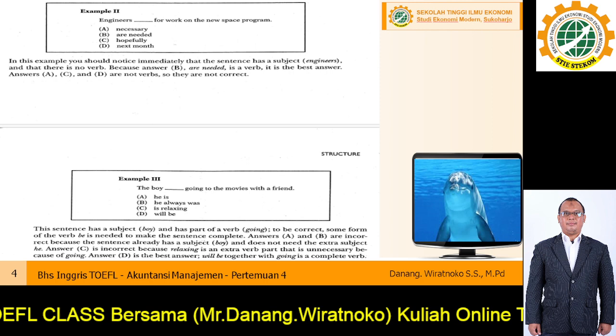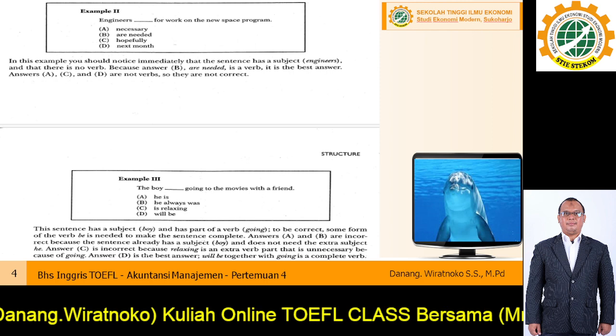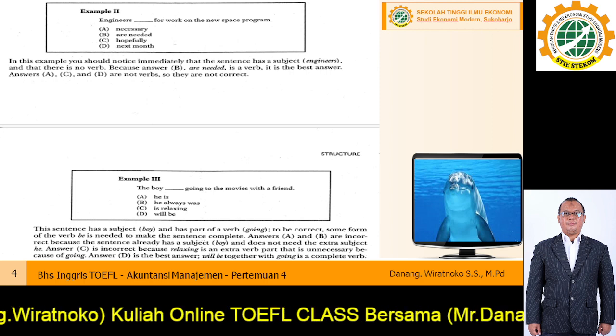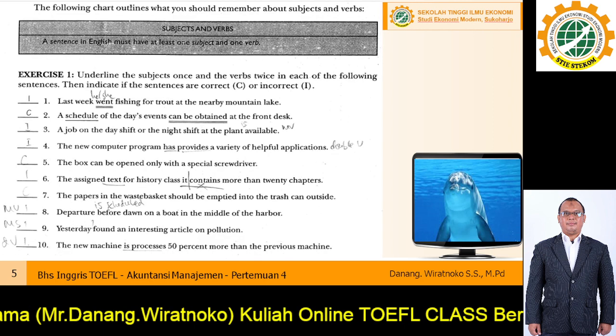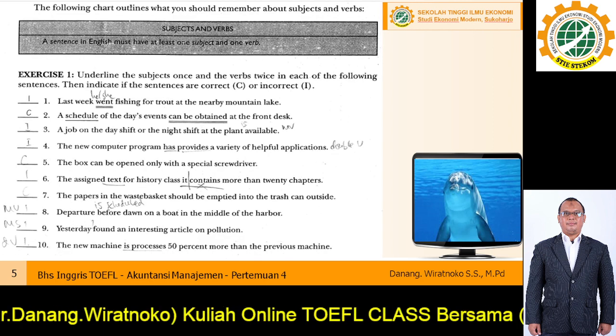Yeah, we'll be going together with, so going is the complete verb. Yeah. So the boy will be going to the movie. Okay, if you got that one, it's good. Very easy, yeah? Okay, now we have a look at this one. The following chart outlines what you should remember about subject and verb.